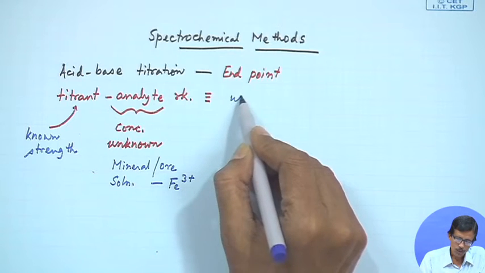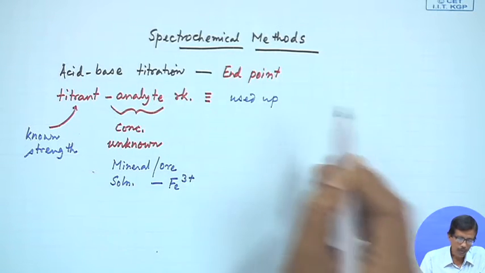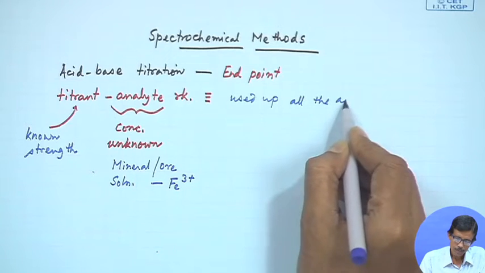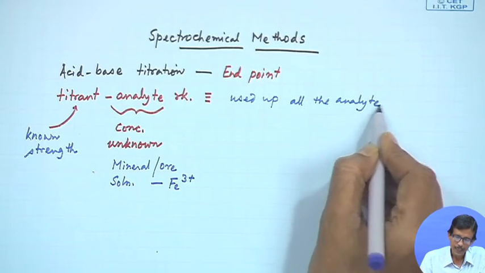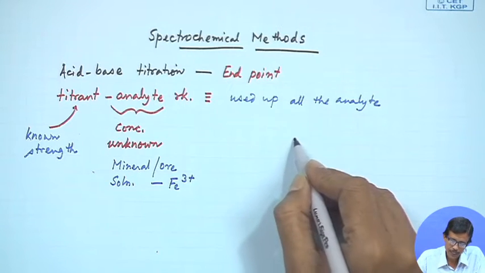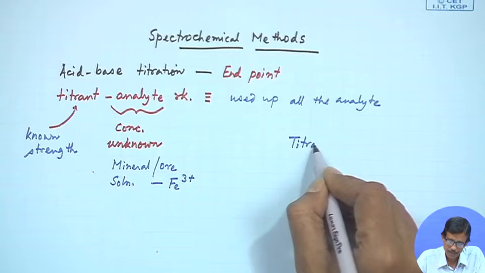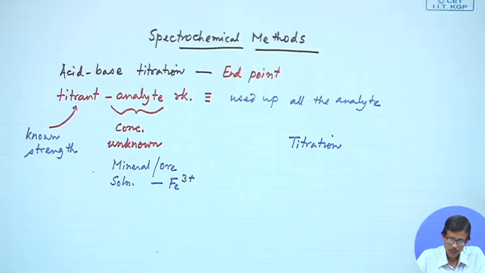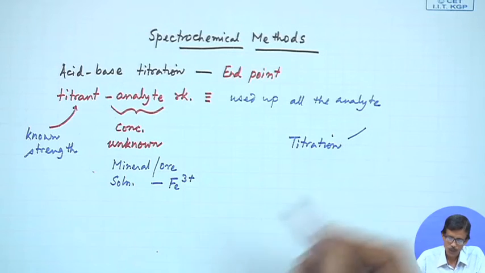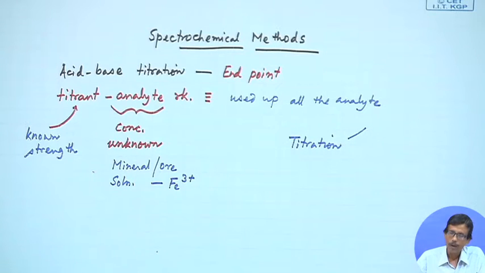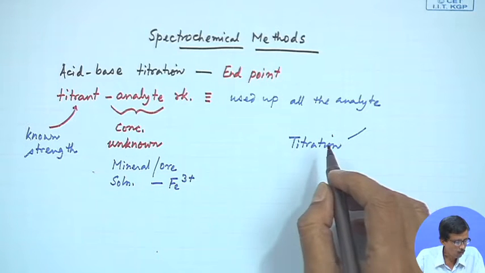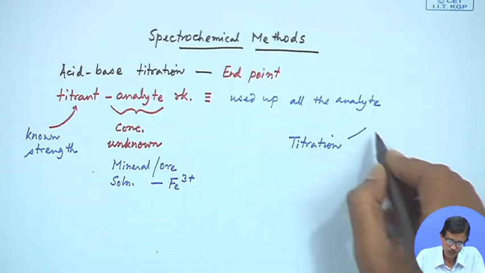So we will take an example of a typical titration, an acid base titration. If we take one such example, we can consider the titration of an acetic acid solution.